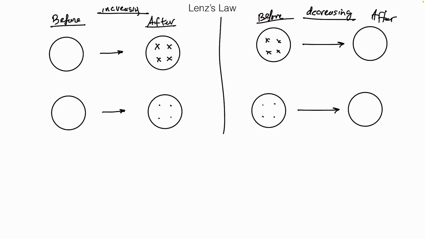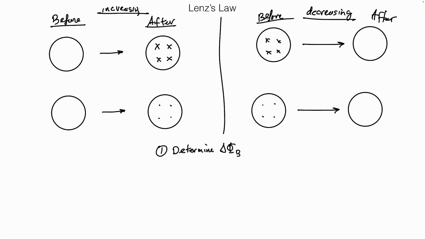Okay? So let me give you a 3-step process to go through when you are asked to find the direction of induced voltage and current in a loop. Number 1. Determine how the flux is changing. Okay?